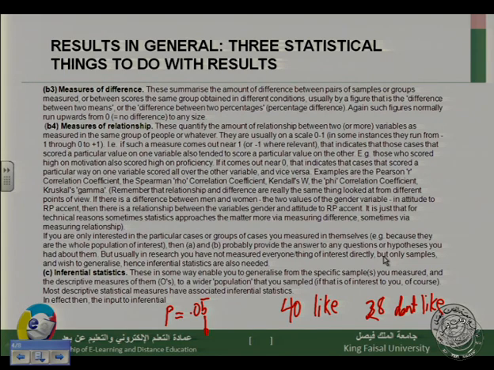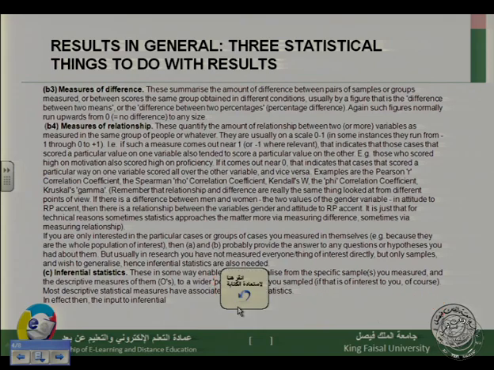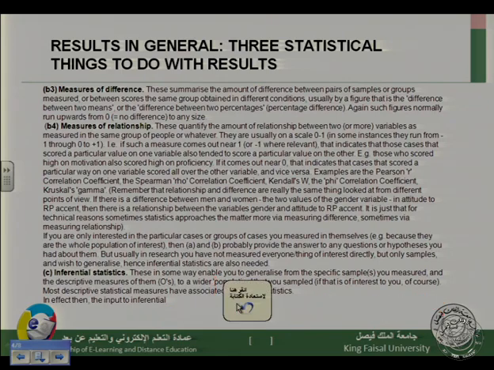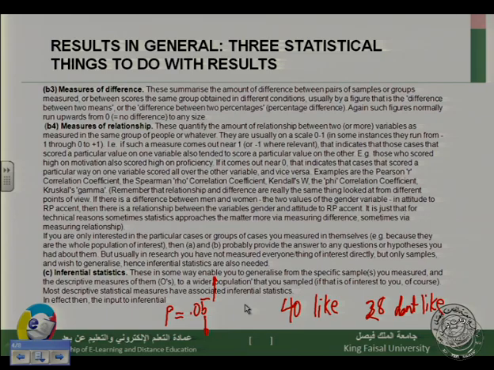But if you get this number and above, well, no, it is not a difference. If you get something like 0.06, it is not a difference. And you have to make sure that there is a difference between 0.05 and 0.50.